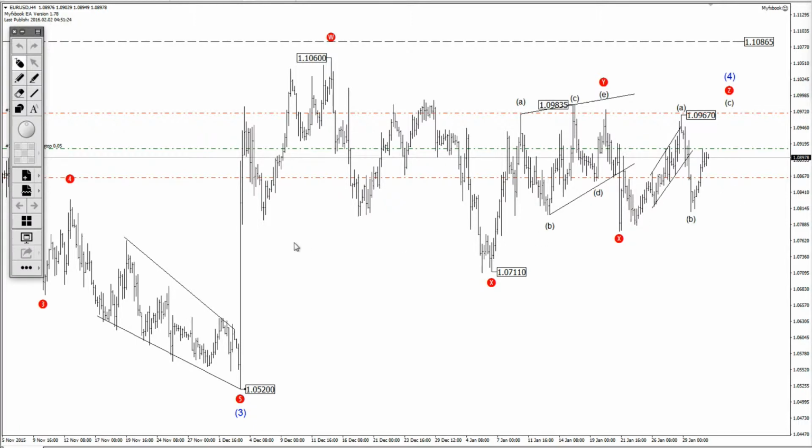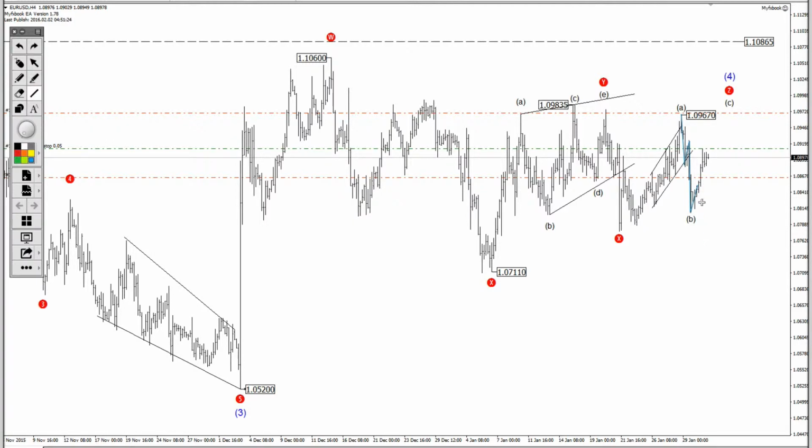So actually let's draw it here a little bit. Yesterday from the high of 109.67 I was thinking that we have started the next impulsive wave down. So the expectation was that we were forming the fourth wave yesterday and we could expect a downside move, but this wasn't the case.